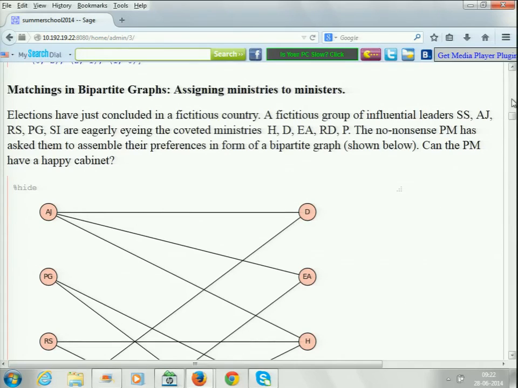Since everyone here knows what a graph is, it's just a collection of vertices and edges. A matching in a graph is basically any collection of edges which don't intersect, so no two of them intersect.